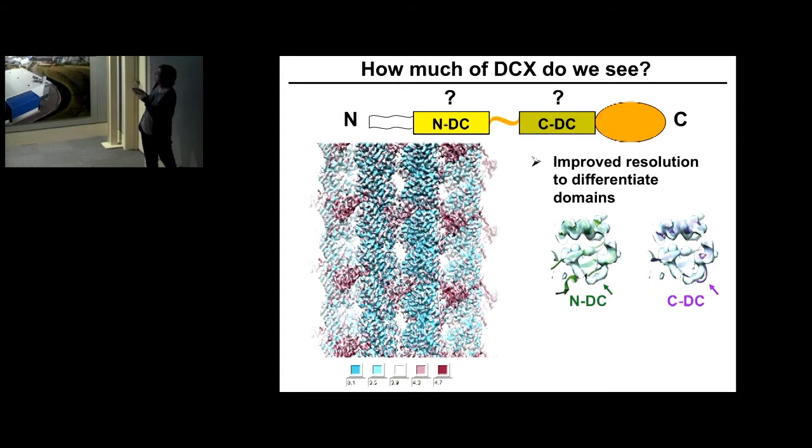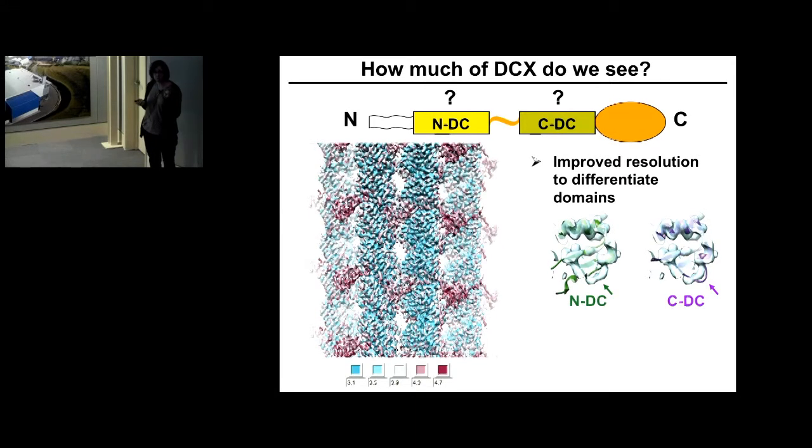Or you could guess that it's actually a combination of the two, possibly from within the same molecule, because certainly this 40 amino acid linker is long enough to stretch across the different possible binding sites for the different DC domains.